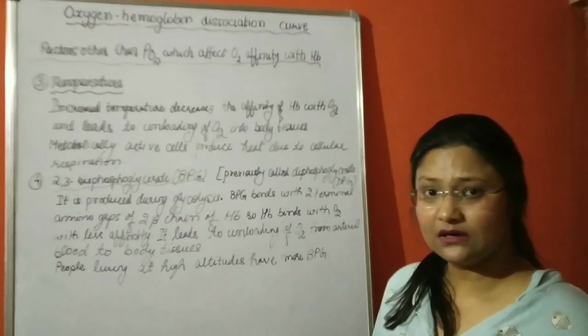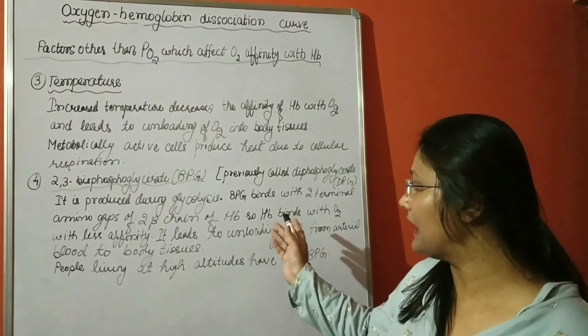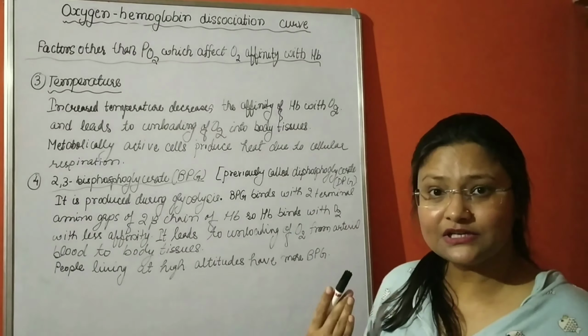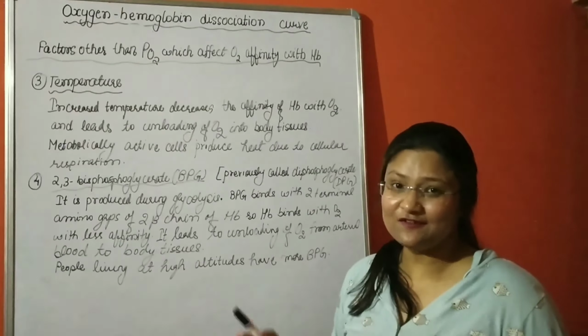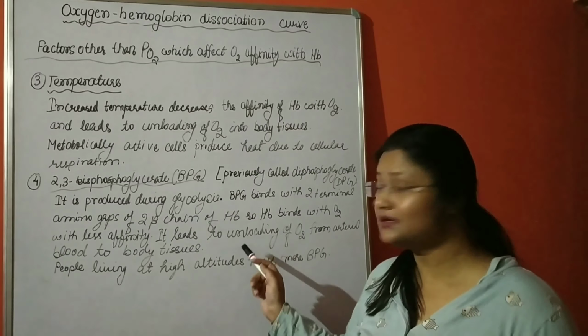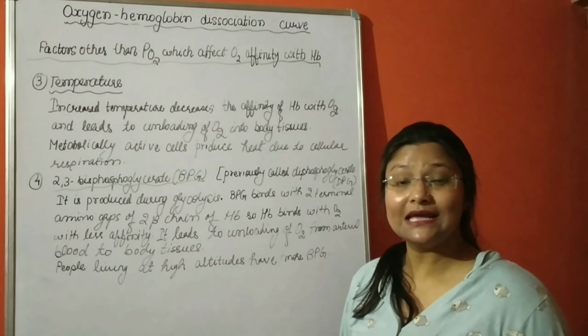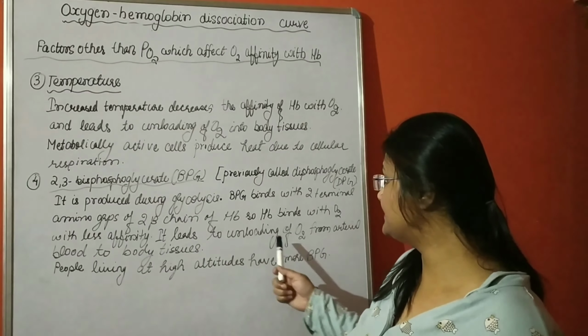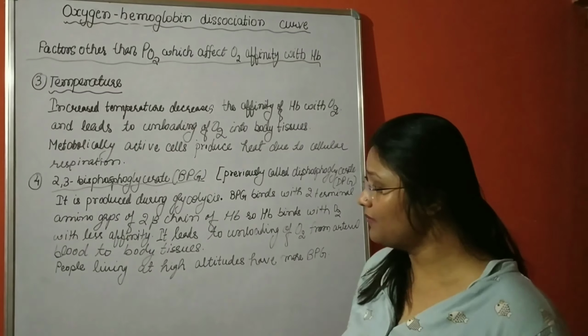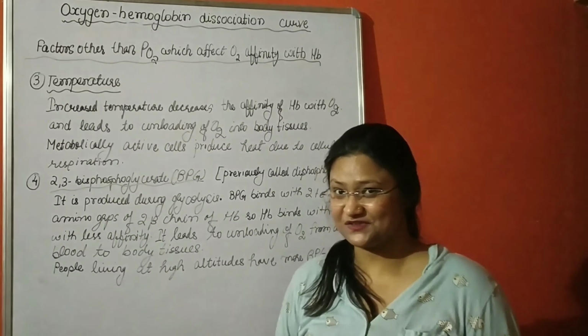So we know that our body tissues are performing cellular respiration, and glycolysis is a part of cellular respiration. So it occurs in metabolically active cells. So that's how it leads to the unloading of oxygen from arterial blood to the body tissues.